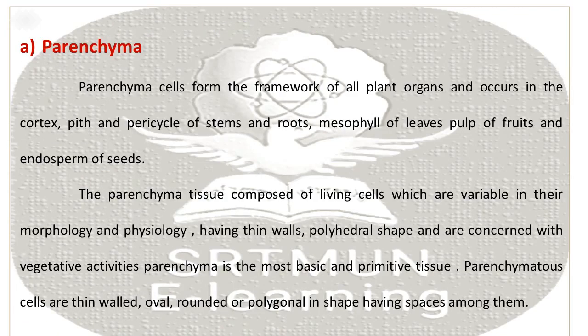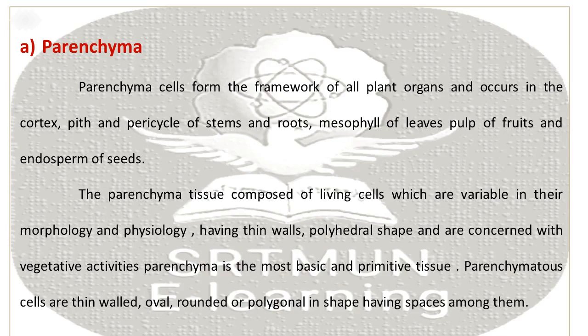Now start parenchyma. Parenchyma cells form the framework of all plant organs and occur in the cortex, pith and pericycle of stem and roots, mesophyll of leaves, pulp of fruit and endosperm of seeds.